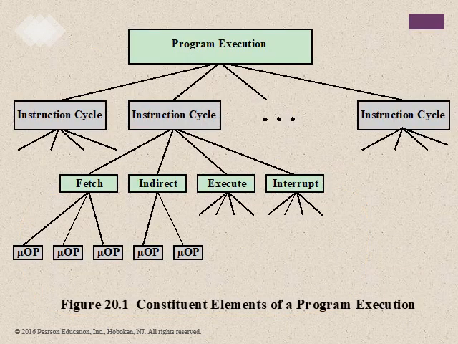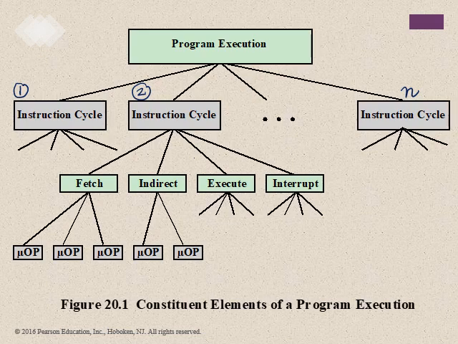In this figure 20.1, it depicts the relationship among the various concepts we have been discussing. To summarize, the execution of a program consists of a sequential execution of instructions. So we have instruction cycle 1, instruction cycle 2, until instruction N. Each instruction then is executed during an instruction cycle made up of shorter subcycles.